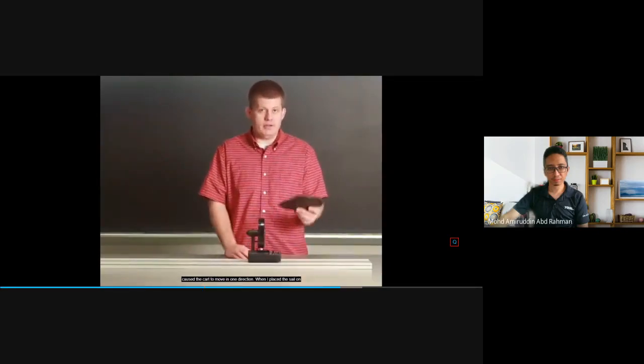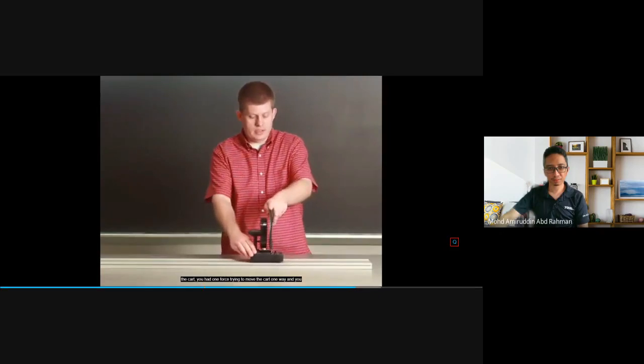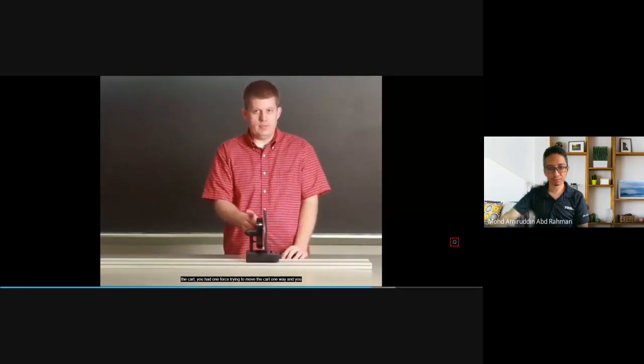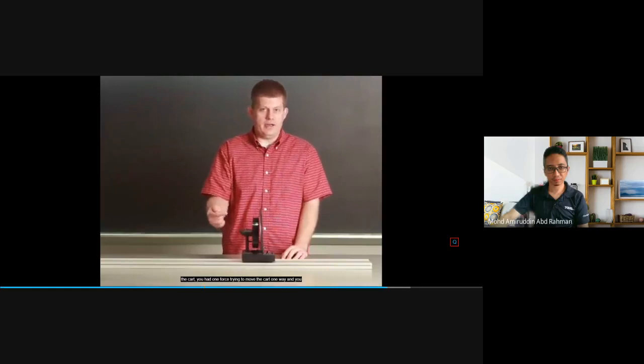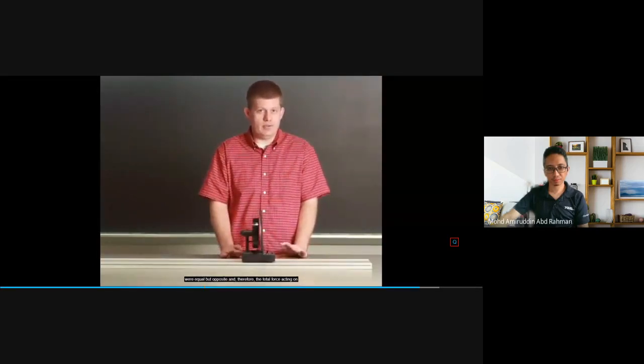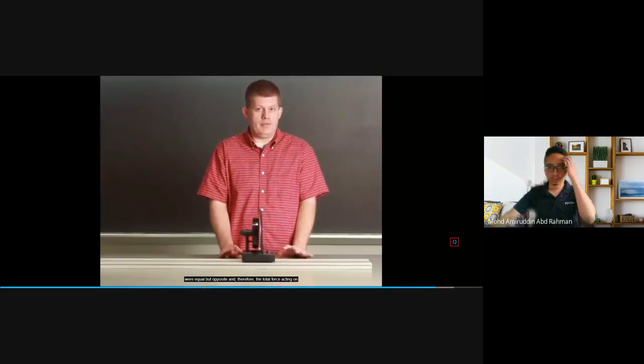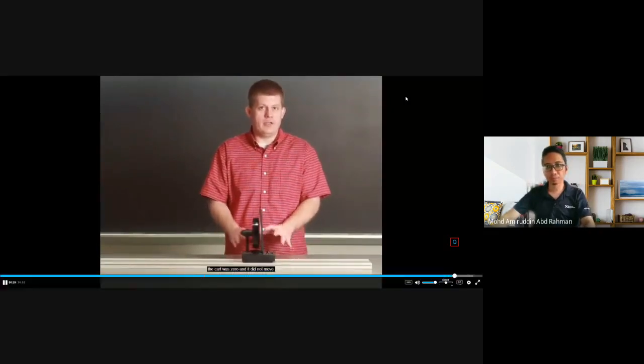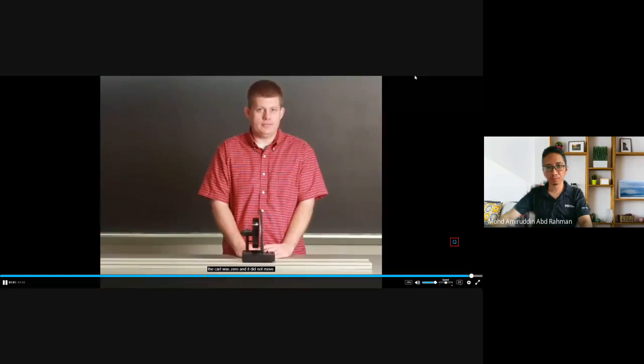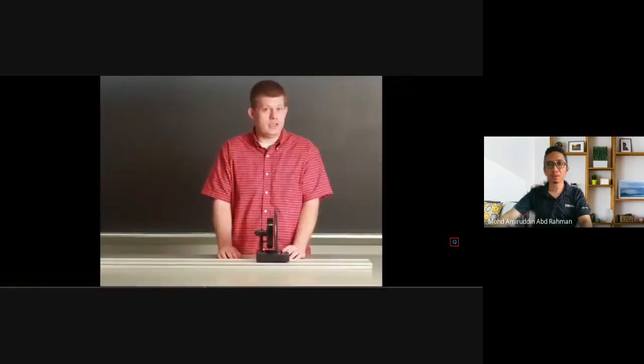When I placed the sail on the cart, you had one force trying to move the cart one way, and then you had another force pushing on the sail this way. These two forces were equal but opposite, and therefore the total force acting on the cart was 0, and it did not move.